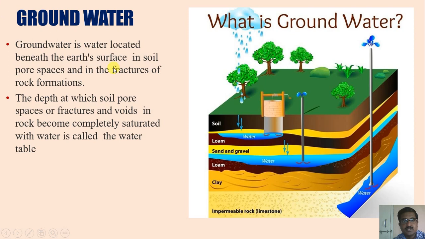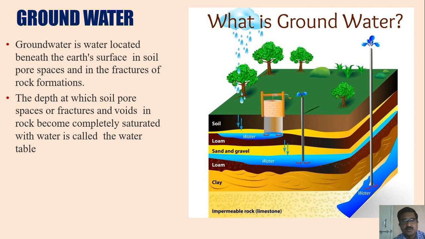Groundwater is water located beneath the earth's surface in soil pore spaces and in the fractures of rock formations. In the rainy season, when water percolates into the ground, it gets stored in the various pores, and that water is called groundwater.